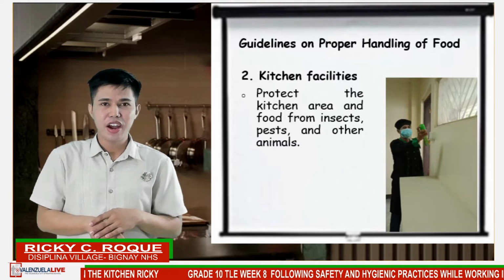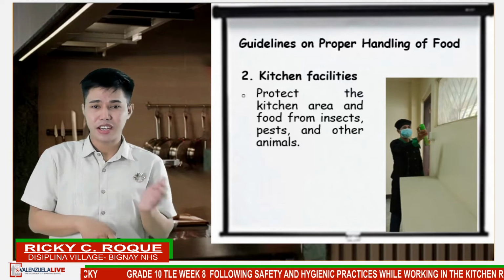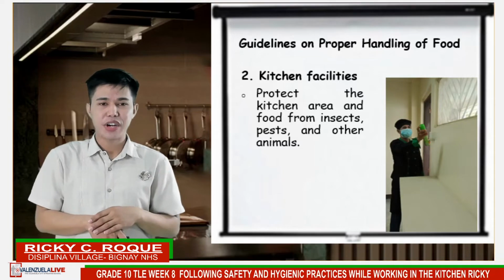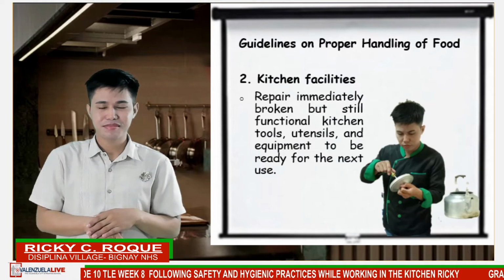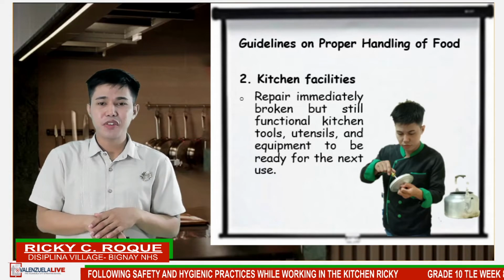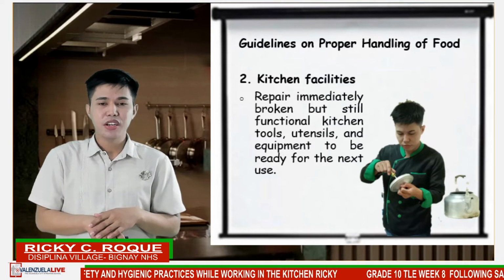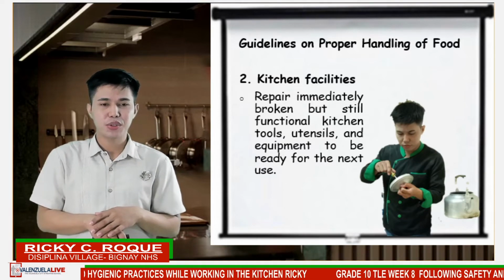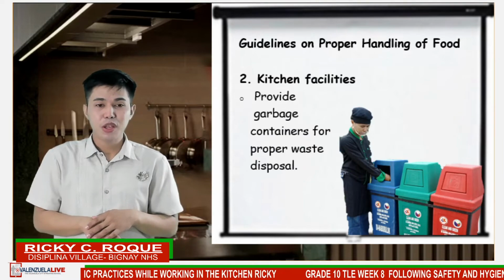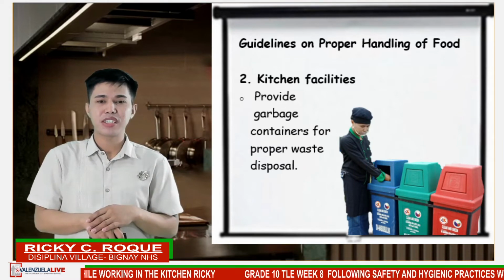Protect the kitchen area and food from insects, pests, and other animals. Repair immediately broken but still functional kitchen tools, utensils, and equipment to be ready for the next use. Provide garbage containers for proper waste disposal.